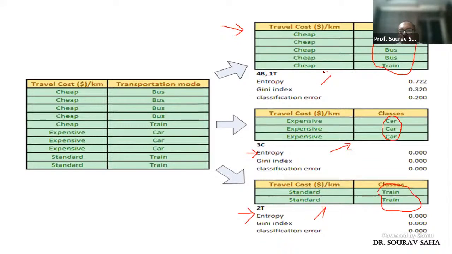Here, of the 5 data points, 4 are correctly classified, right? So in total, out of the 10 data points, 9 are correctly classified. 1 data point is incorrectly classified, basically this train part. Why? Because if I stop here, I'll go with the maximal class. So travel cost cheap, if I don't split this further, my answer for this will be bus, and in this particular case, one member will get an incorrect answer. So that's why 9 by 10 or 90% is the accuracy of this particular model.